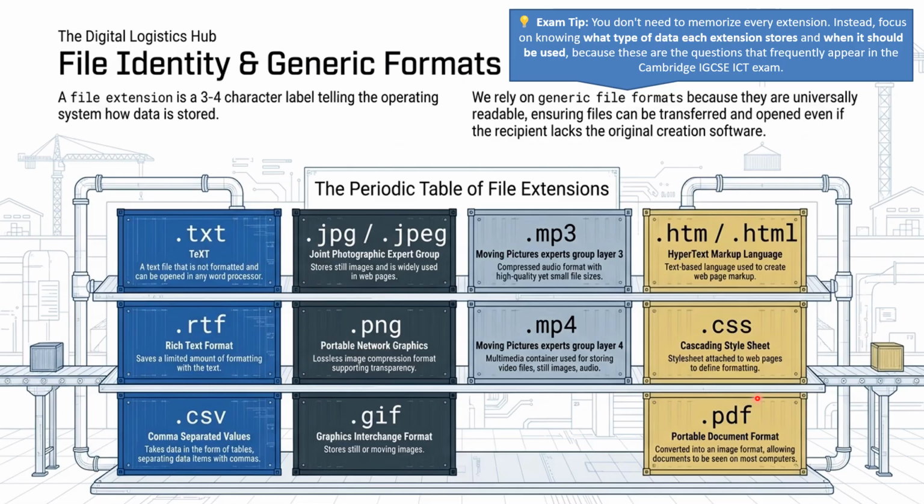And finally, .pdf or portable document format is one of the most widely used generic file formats. It allows documents to be viewed on almost any computer while preserving their original layout.